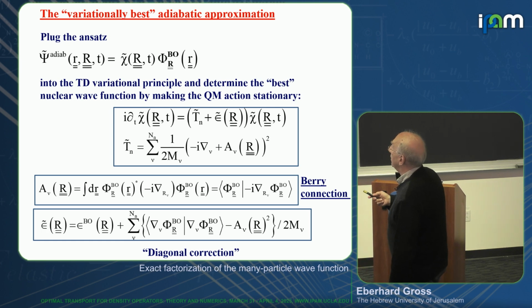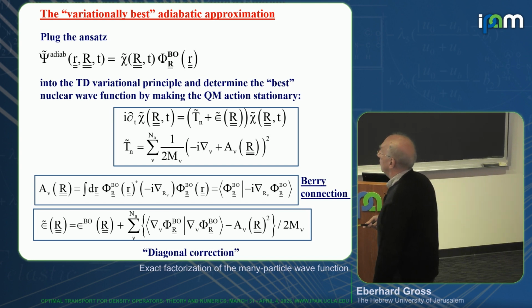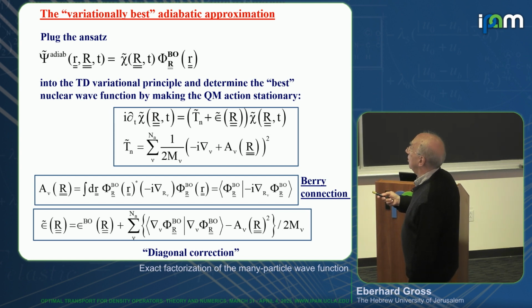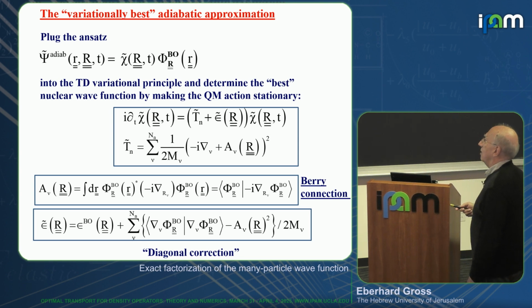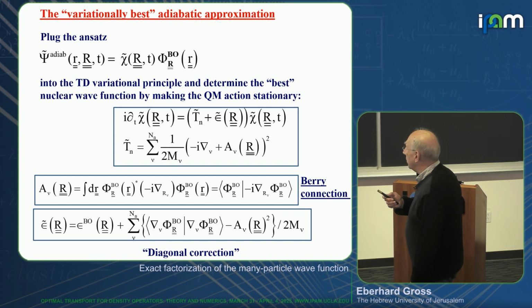So it also rests on one fixed Born-Oppenheimer state at all nuclear positions, but the nuclear factor is a different one. Namely, you plug this into the stationary action principle and determine the variationally best, the stationary point, for this nuclear wave function, and then you get an equation of motion from the variational principle that looks like this.